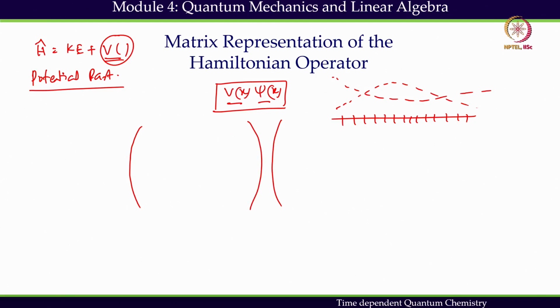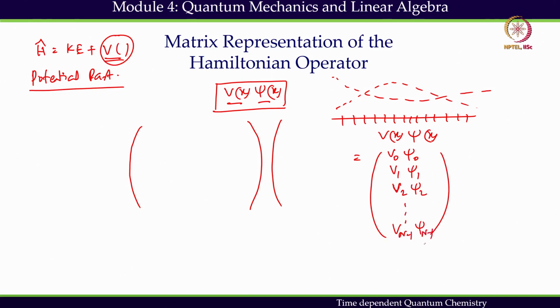In the end V(x) psi(x) in matrix form should be V0 psi 0, V1 psi 1, V2 psi 2, like this, and then V n minus 1 psi n minus 1. Because we have taken psi 0 to be 0, the first term and the last term will be gone because of the boundary condition. So I have now V n minus 2 multiplied by psi n minus 2.